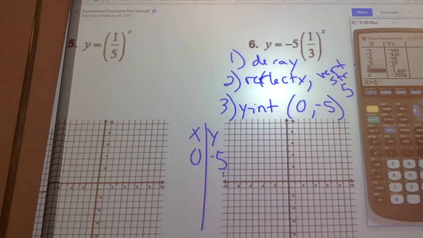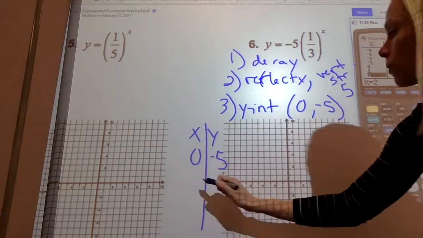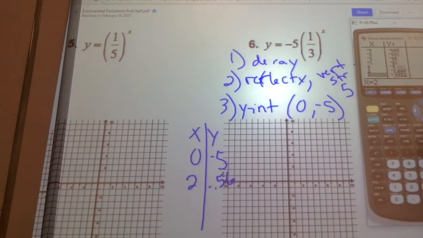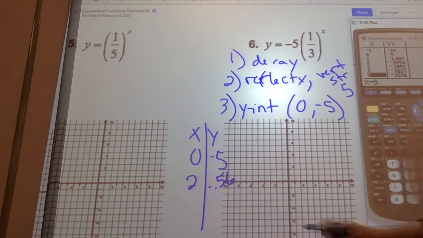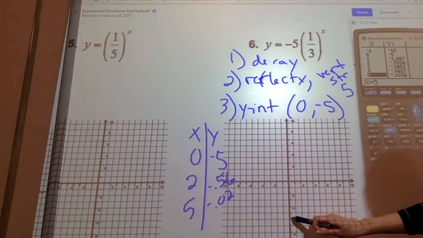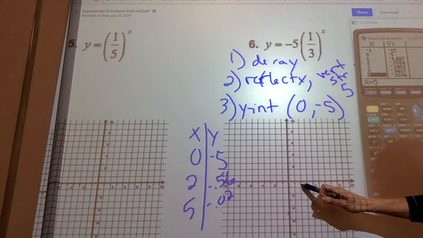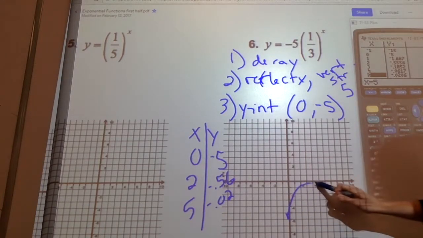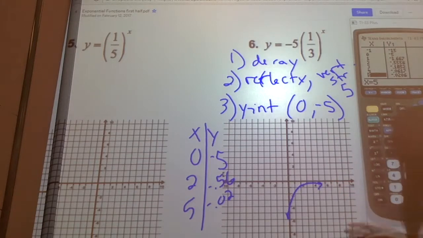Let's see. Maybe like 2, negative 0.56, and 5 and negative 0.02. Something like that would be good.